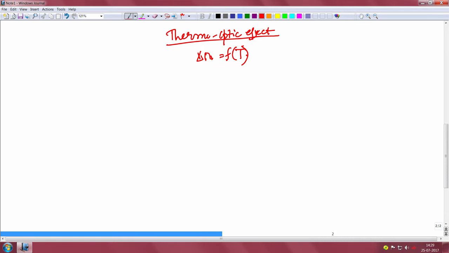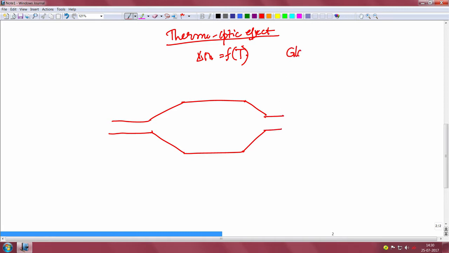To take an example, let us consider a device, an optical switch based on the thermo-optic effect. As an example, I am considering the interferometer, the same example that we have discussed earlier. An interferometer made in glass, I will take glass as an example.